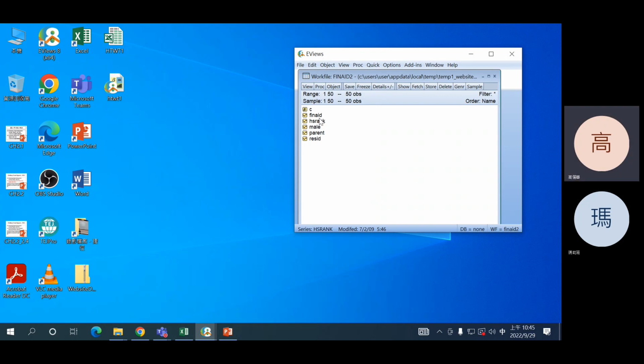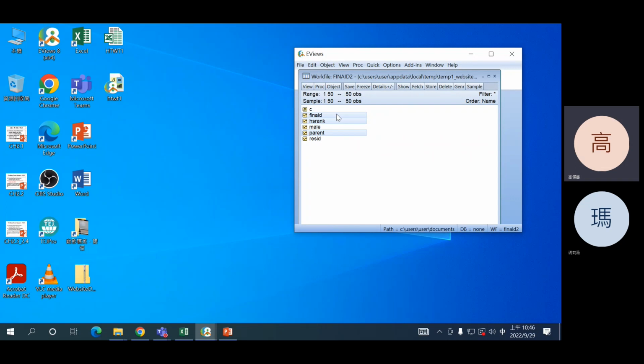If we do this, we have to select the Y variable first, using the control key, then the X variables. I'll follow the sequence of our equation: financial aid first, then parents, then high school rank.